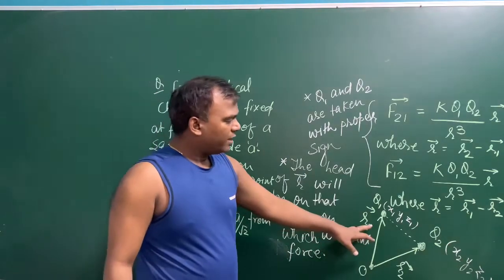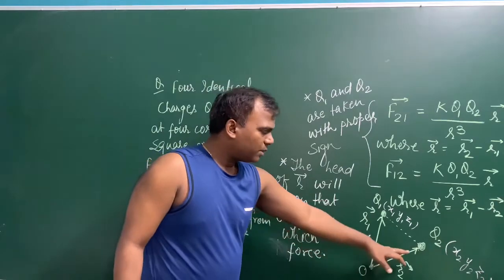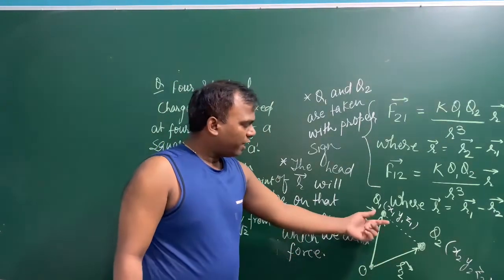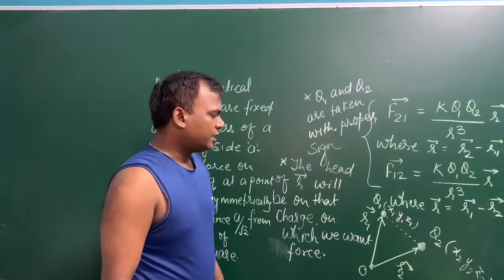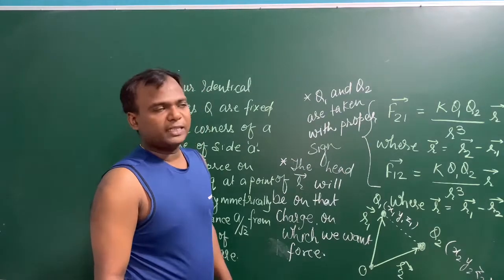Now, R1 is the position vector of Q1 with respect to the origin, and R2 is the position vector of Q2 with respect to the origin. The coordinate of charge Q1 is x1, y1, z1, and the coordinate of charge Q2 is x2, y2 and z2.